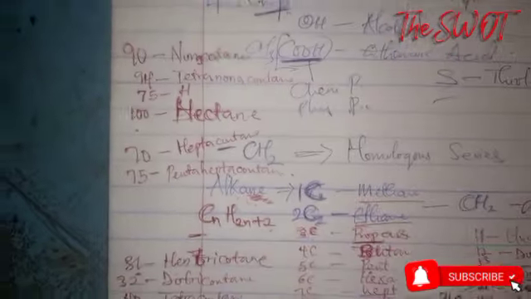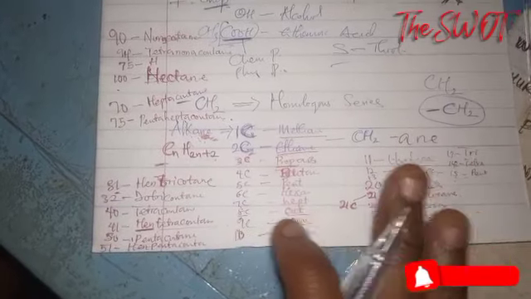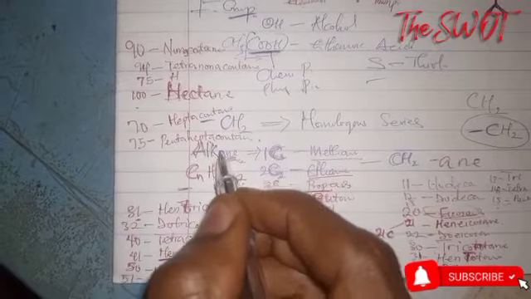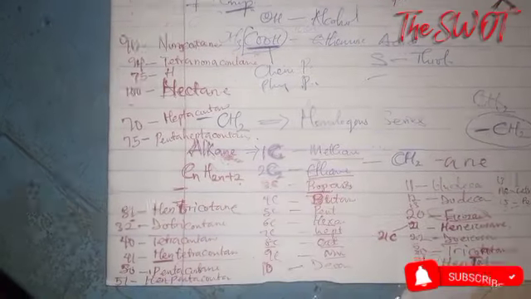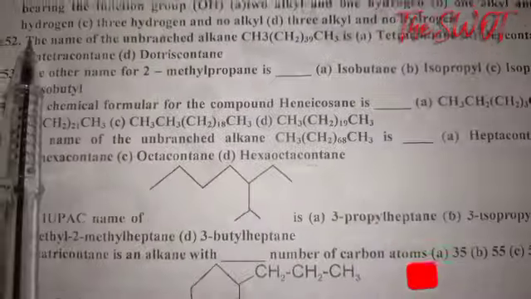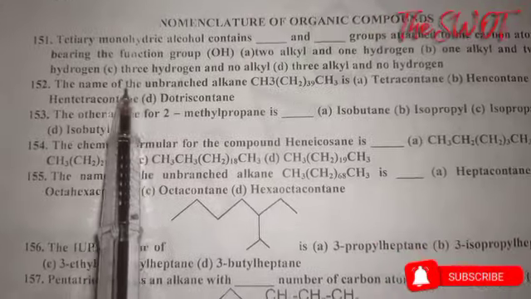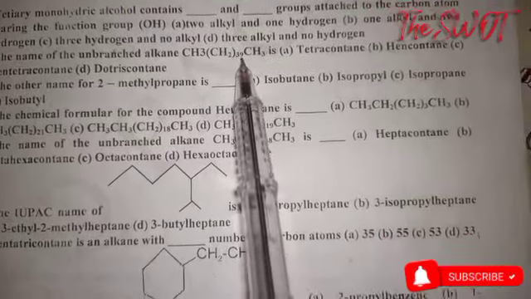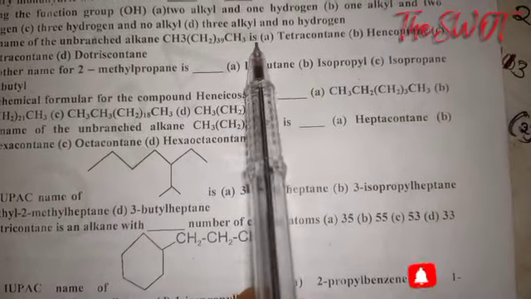So that's just what you need to know in the first introduction to organic chemistry and the alkane family. Now we'll be treating the alkane family properly with the name. What do we have here? They said the name of the unbranched alkane CH3, CH2, CH3 is what?